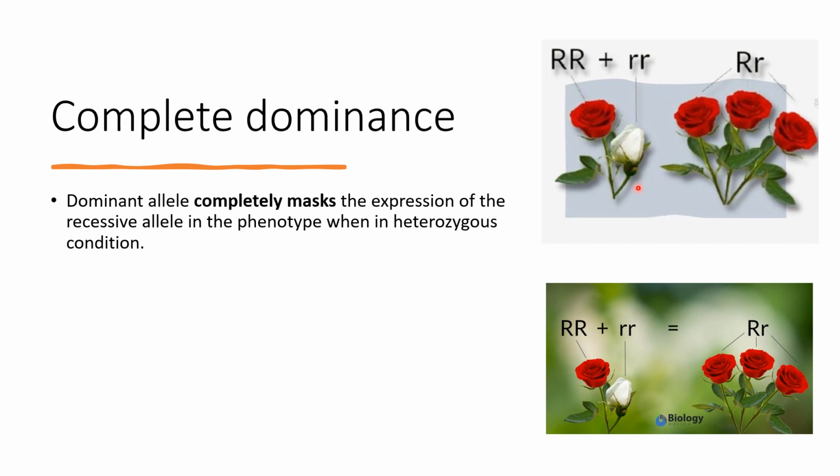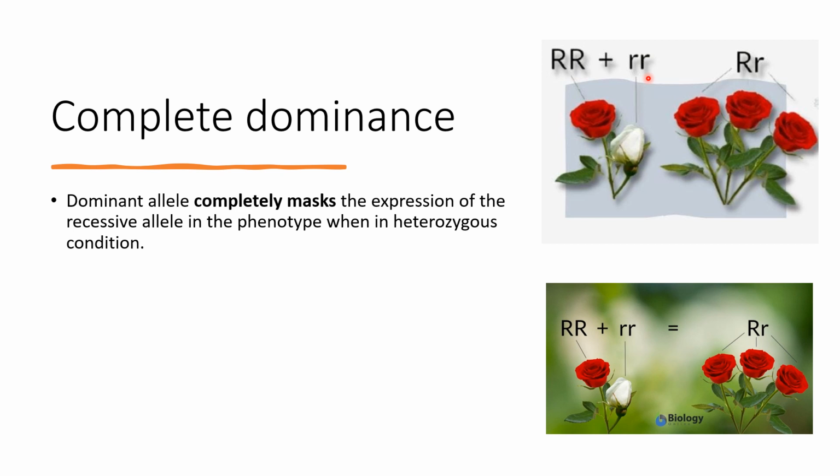Both of those plants have alleles for their flower color that are homozygous. As you can see here, you have RR. This shows that they are homozygous, and if they were heterozygous, it would be uppercase R, then lowercase r. Now that they are in a homozygous condition, you have both uppercase R, and even here they are in a homozygous condition because you have both lowercase r.